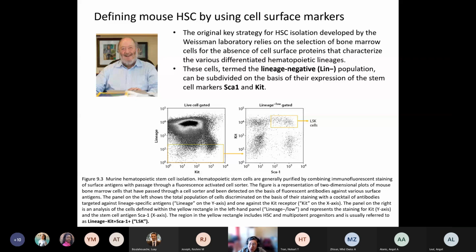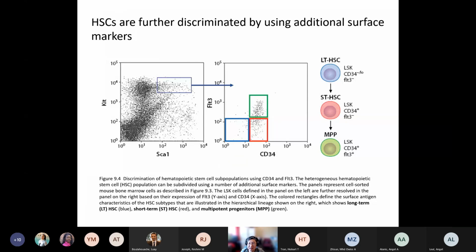What I'm trying to say is stem cells will be within that population, but not every cell from that population is a stem cell. So you need work to further define the subpopulations within the stem cell population. That's exactly what they did later on, from the same group.